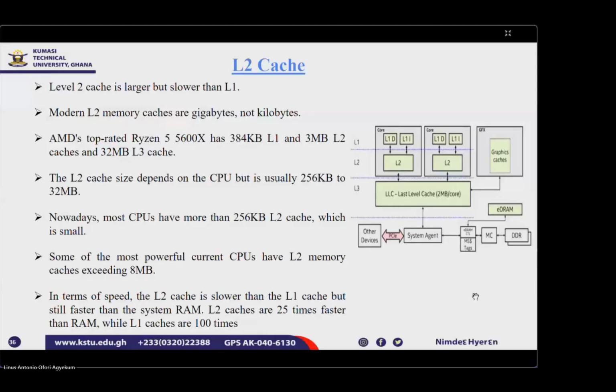So AMD's top-rated Ryzen 5 5600X has 384 kilobytes L1, and then 3 megabytes L2 and 32 megabytes L3 cache. And like we said, most of the time, the L2 cache size depends on the CPU, but it will usually be within the range of 256 kilobytes to 32 megabytes.